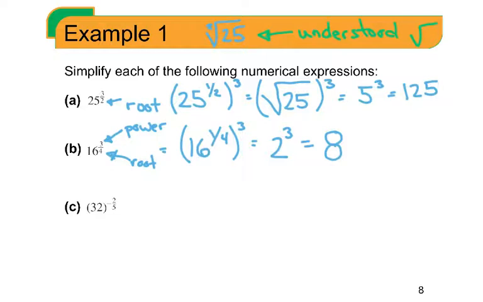Now, here's a tricky one. 32 to the negative 5/2 power. Well, Dr. Maxwell says, why don't we change that to a positive exponent so it's easier for us to handle? This is a negative exponent.